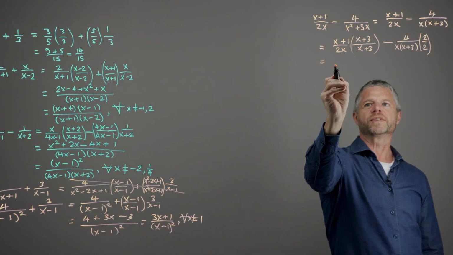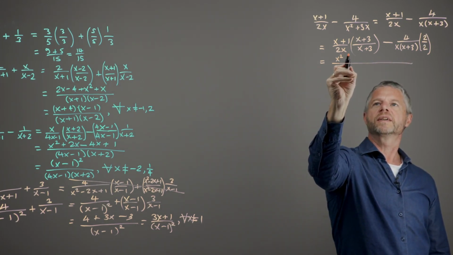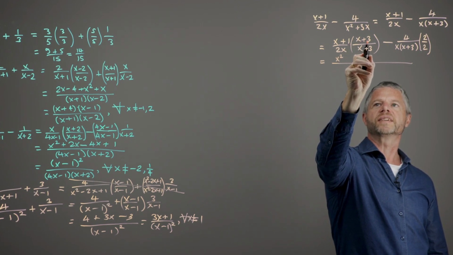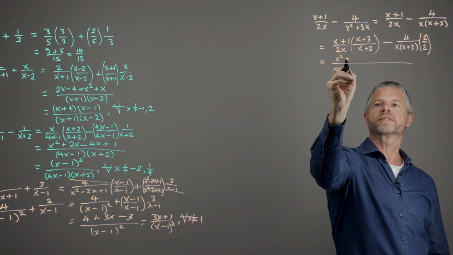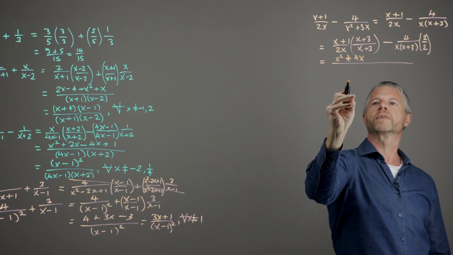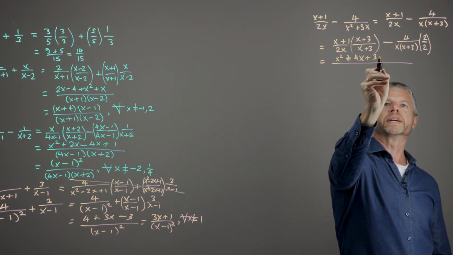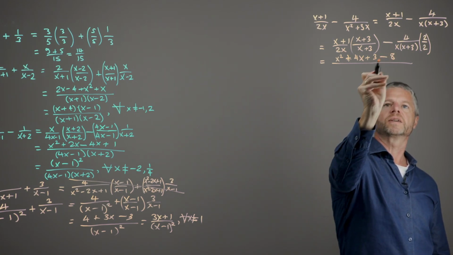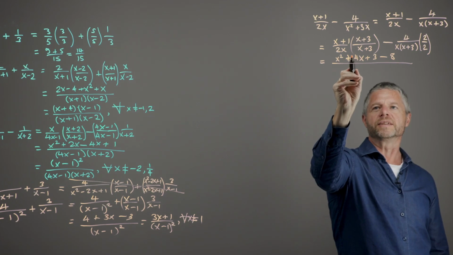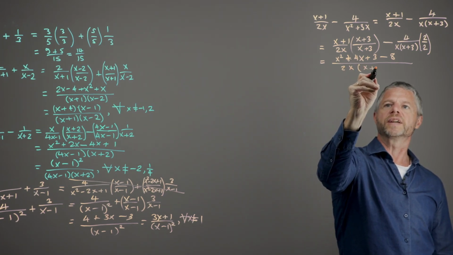So we'll have in the numerator x squared and x and 3x and 4x and 3 minus 8, and then in the denominator we've got 2x, x plus 3.